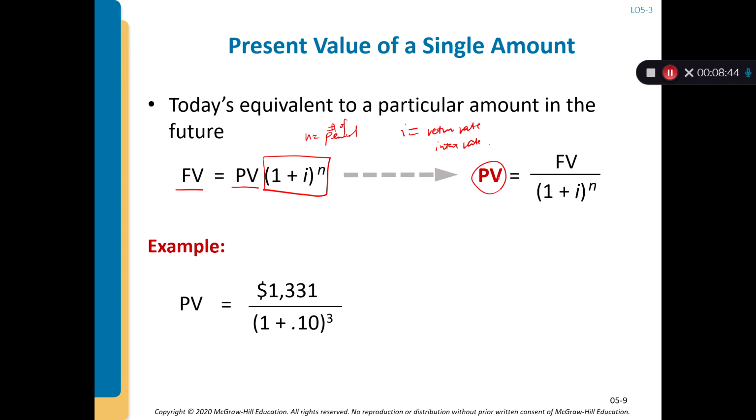So this gives us the freedom: if we know the future value, we can calculate the present value. If we know the present value, we can calculate the future value, vice versa. Right, so the future value is 1,331, and we know the return rate is 10%, and we know the period is 3, so we can calculate the present value, which is of course $1,000.